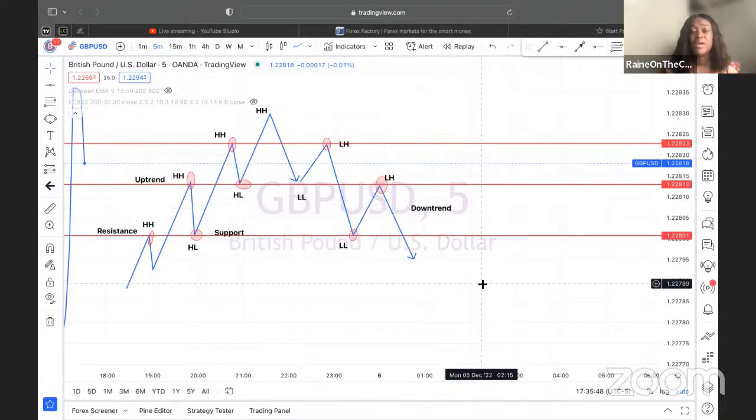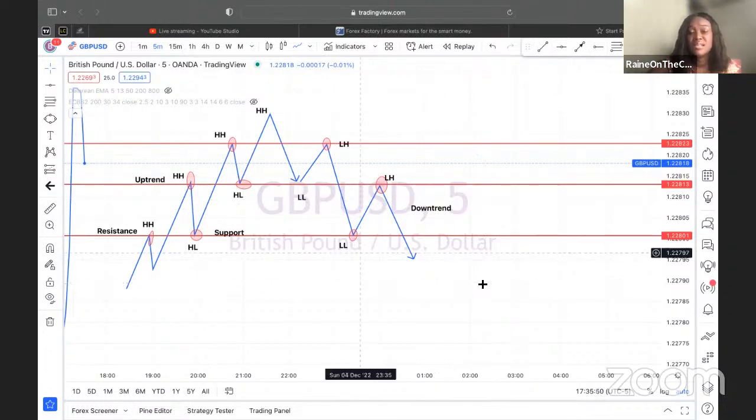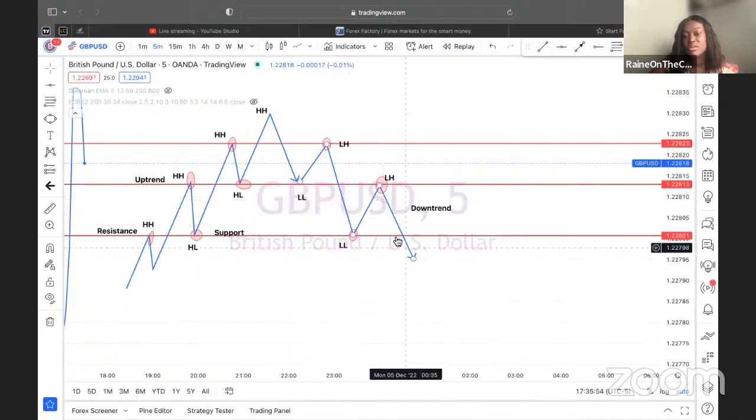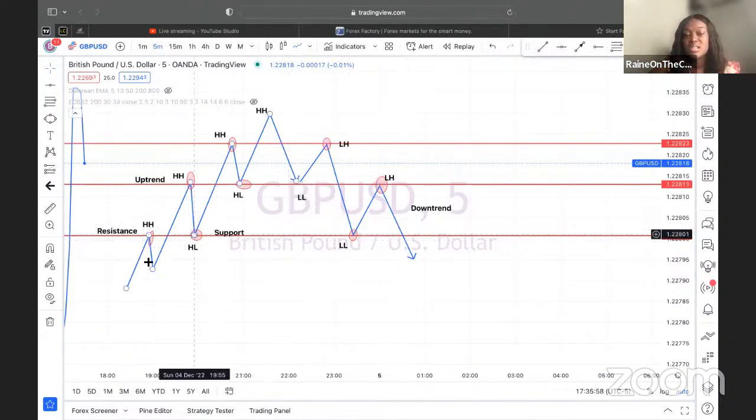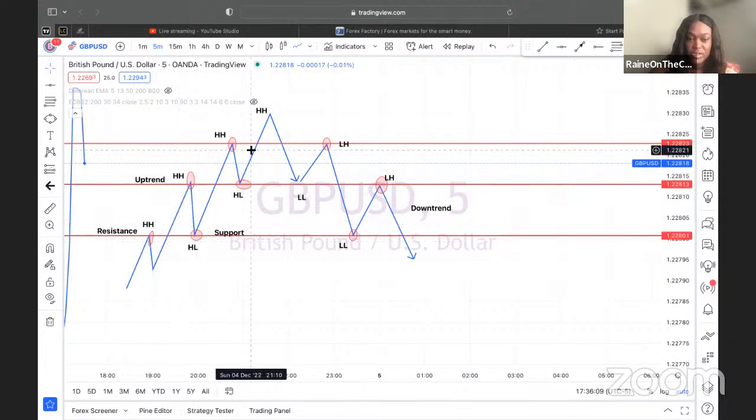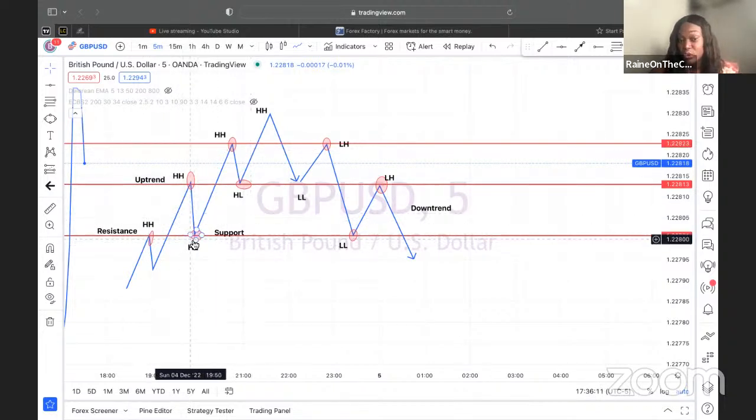So now, if you can spot this, you can make some money in the market. Just learn to spot the uptrend, look for higher highs and higher lows. So that's how you know that it's an uptrend where the new low doesn't come back down to the past low.